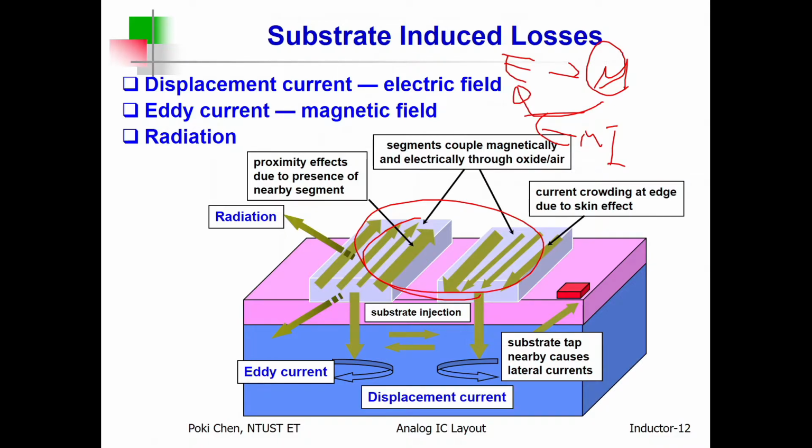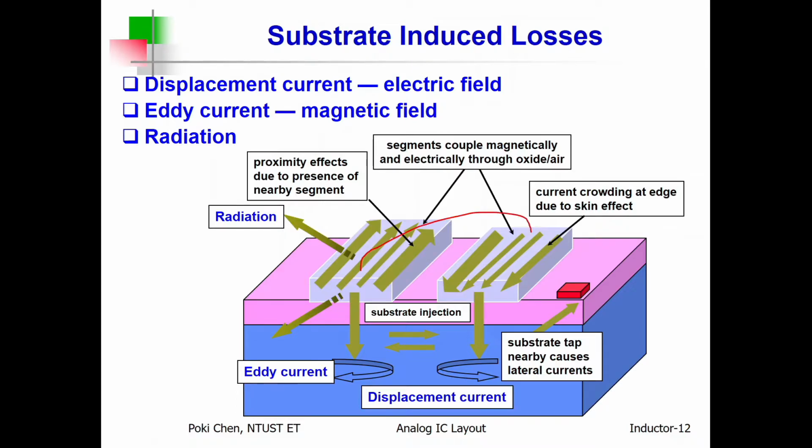Anyway, there is electrical field variation along such kind of spiral inductor.